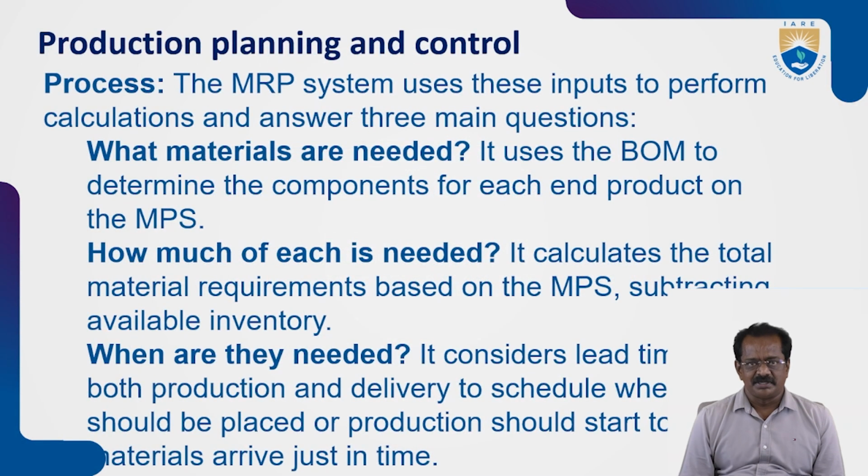Then the material sequence: what are the materials needed, and what is the base for that? For material sequence and planning, they use the bill of materials as the base. It determines the components of each end product on the MPS.